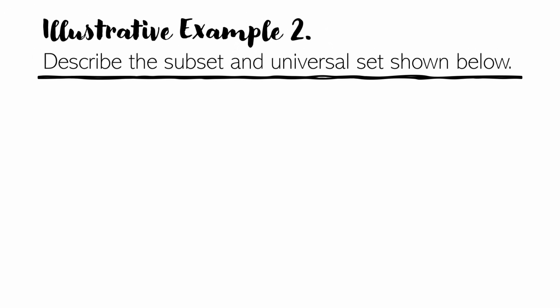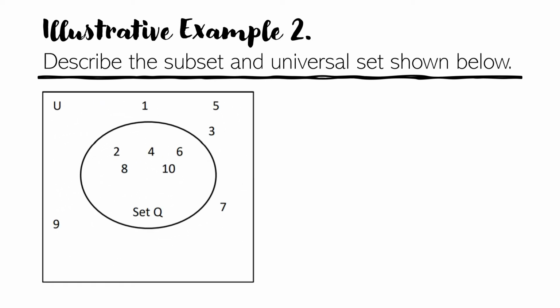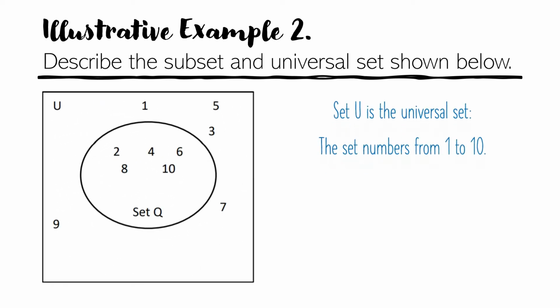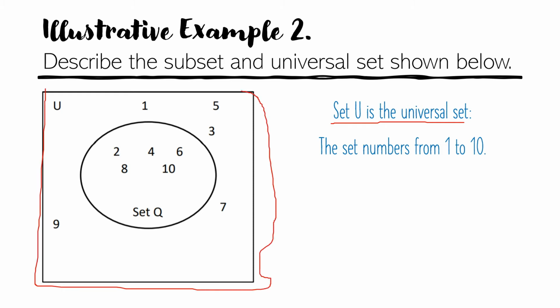And let's have the difference between subsets and universal set. So let's have this figure. So set U is said to be the universal set, and this one is set U. And the elements of set U are a set of numbers from 1 to 10.